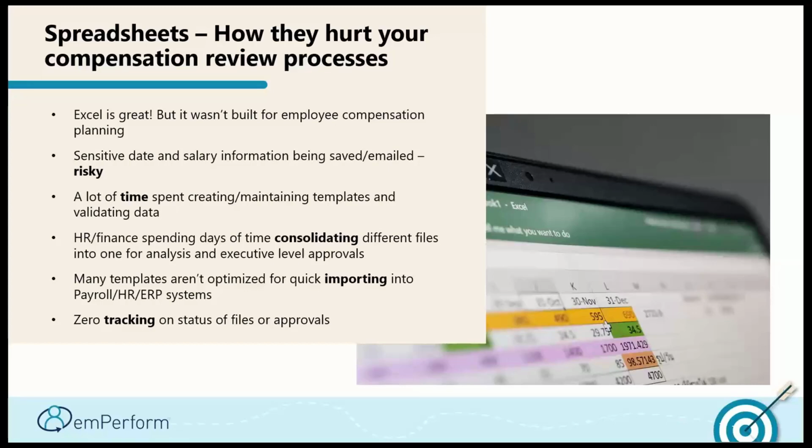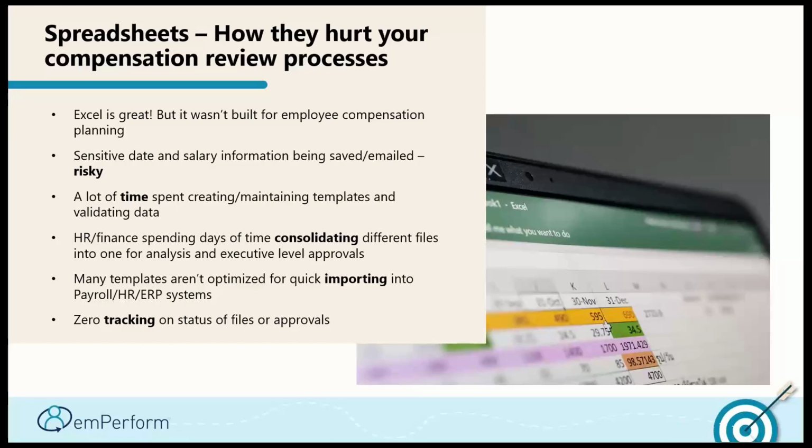And then, of course, one of the biggest things about using Excel for this is there's no tracking on the status of where this process is. Especially if you have a more iterative approach to your compensation process, where you have a manager who does their initial recommendations or adjustments, then it goes to maybe their manager who reviews as a group whole and understands what that looks like.